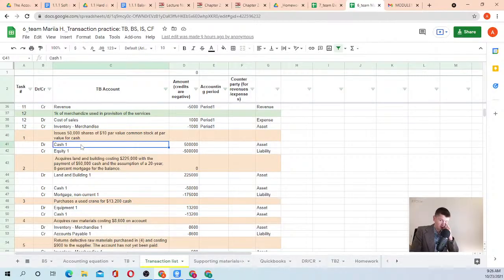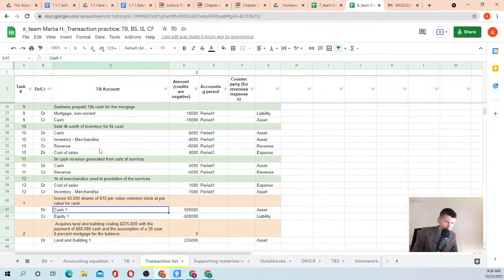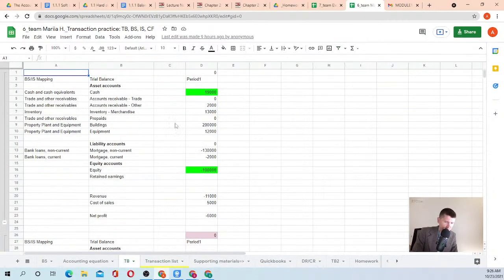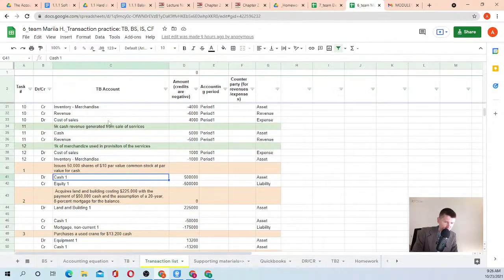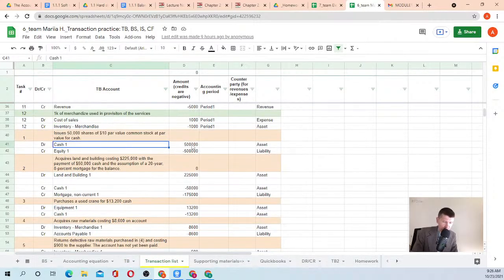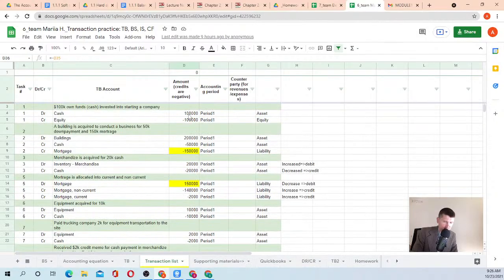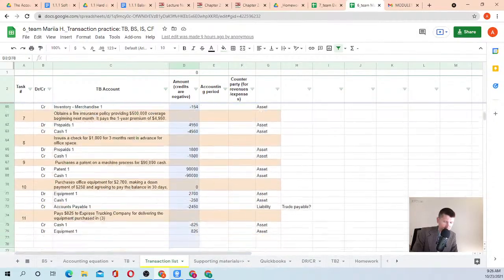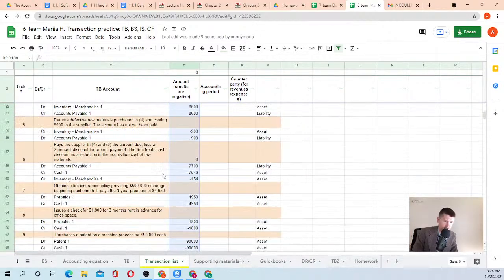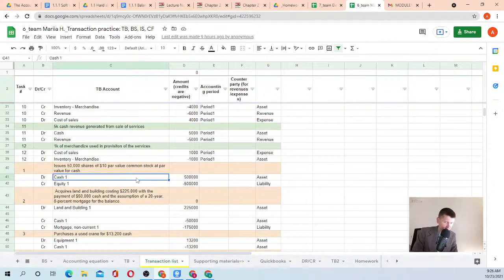Maria numbered her transactions, probably in order not to mess with trial balance functions. Let me also do some formatting. No, I would probably leave it that way. Everyone can choose their own formatting.